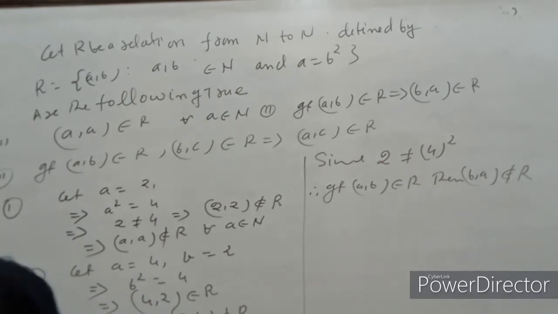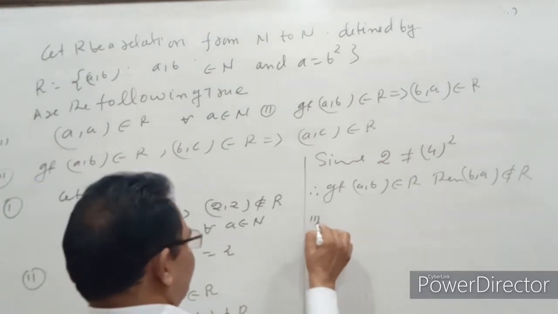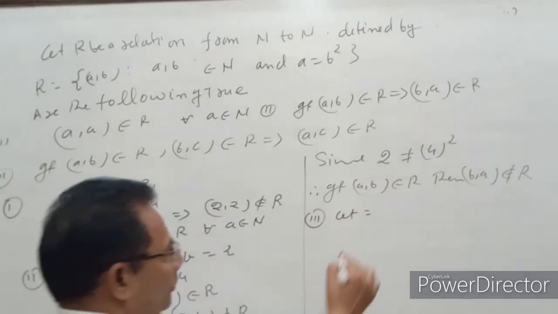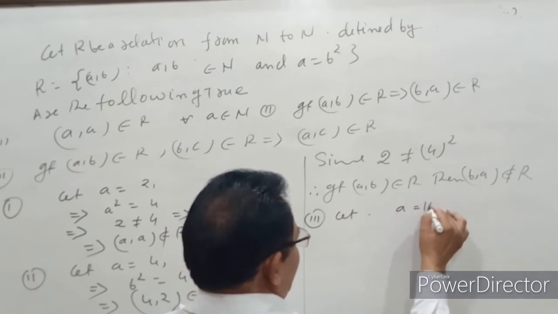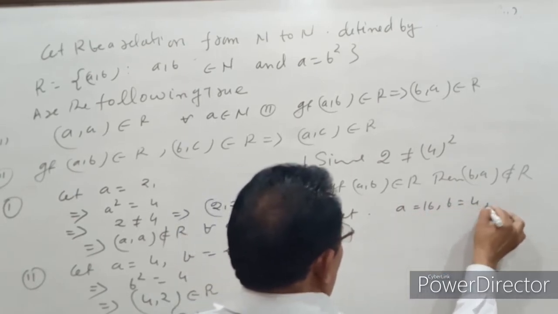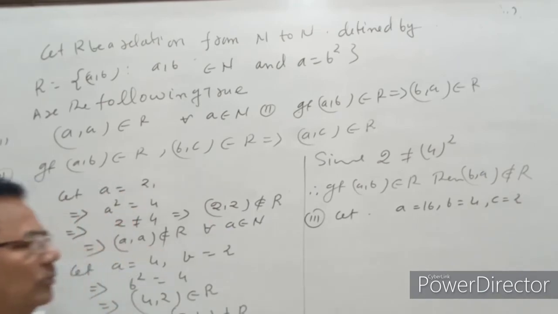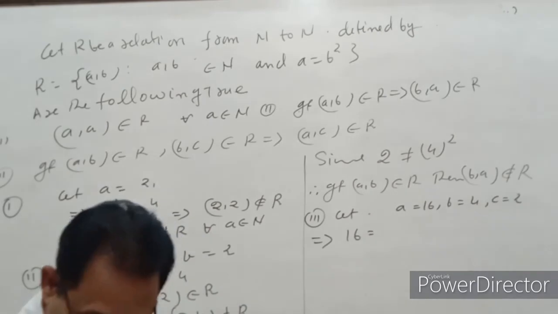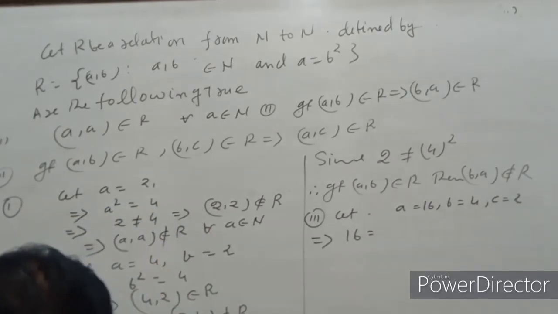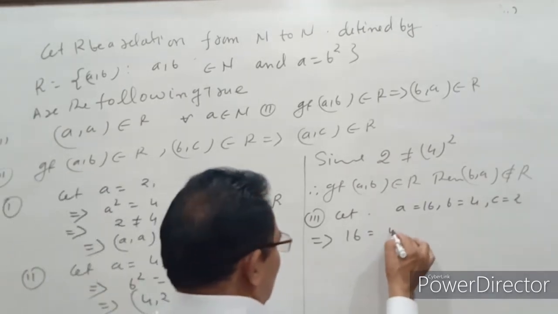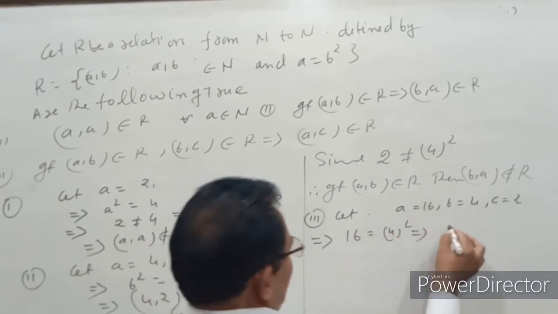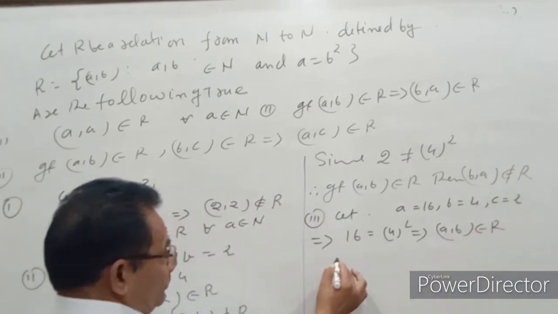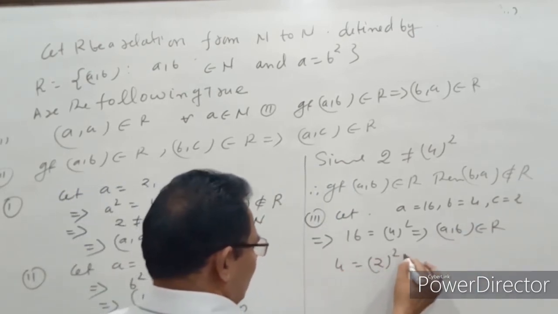Now third part के लिए let we take a equal to 16, b equal to 4 or c is equal to 2. This implies that 16 is equal to, that is 4 का square. So this implies that ab belong to R. Also 4 is equal to square of 2.